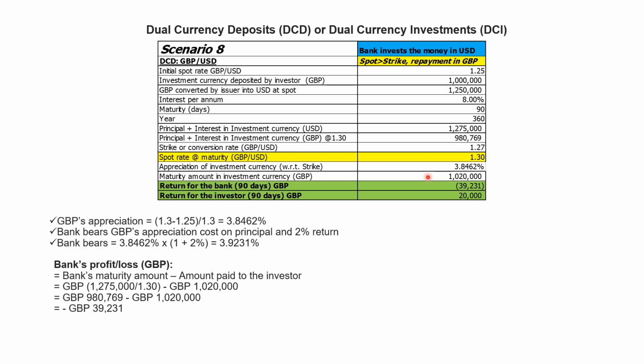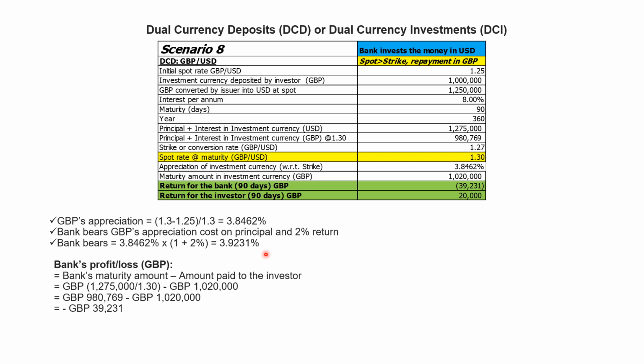The bank invests in the USD and the GBP appreciates by 1.3 minus 1.25 divided by 1.3, which is 3.8462% from its purchase price, the initial spot price. The bank bears this appreciation cost of the principal and the 2% return. Therefore, the total appreciation is 3.8462% into 1.02, which is 3.9231%.